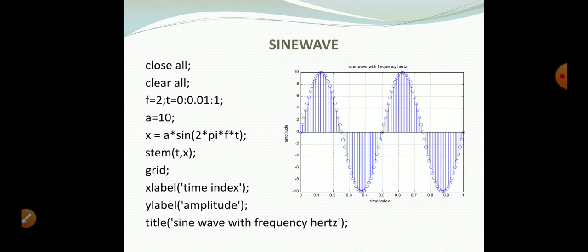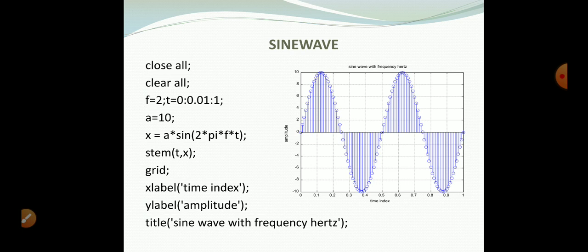Next program is how to generate a sine wave in discrete format. For that, first of all we clear all and close all the hidden files, programs and figures. Then give the frequency of the sine wave. Here the frequency of the sine wave is given as f equal to 2 and t equal to 0 to 0.01 to 1.